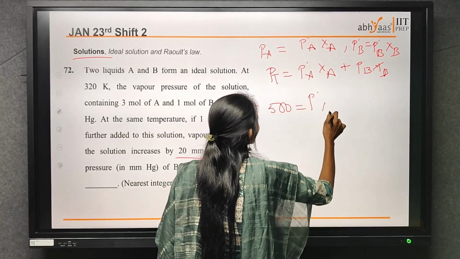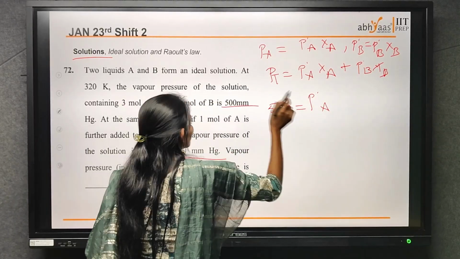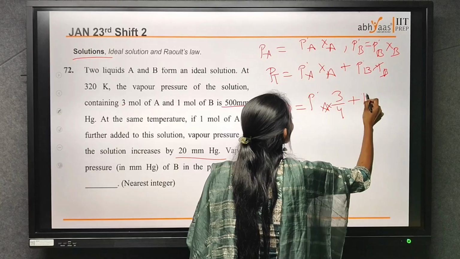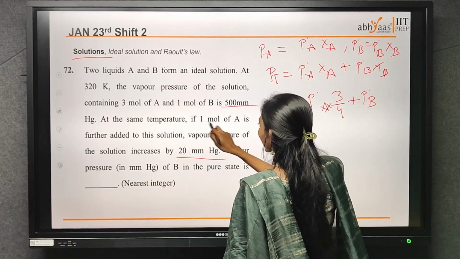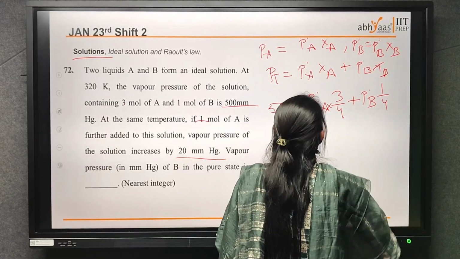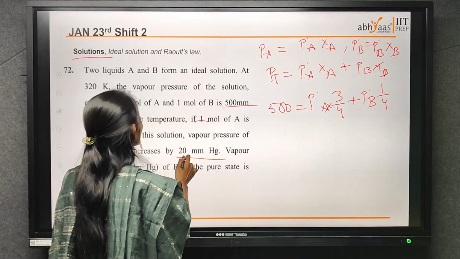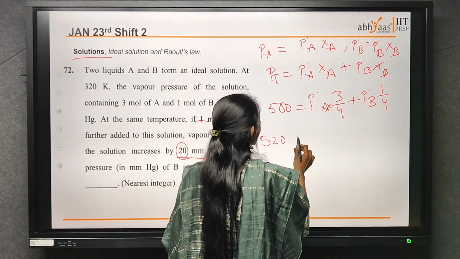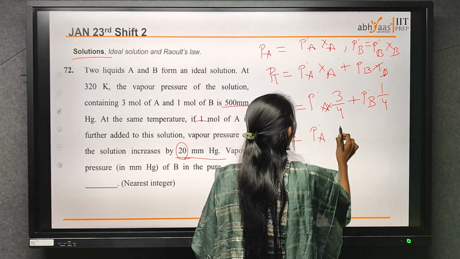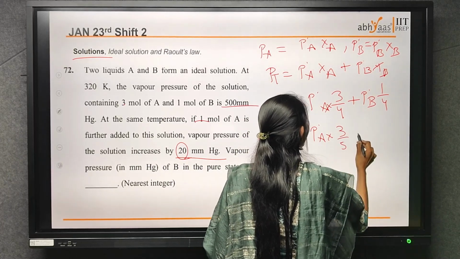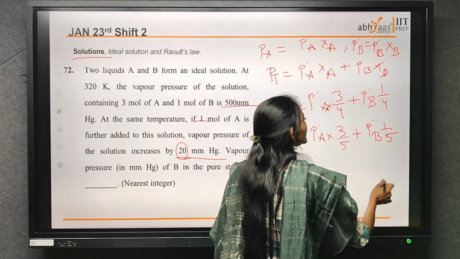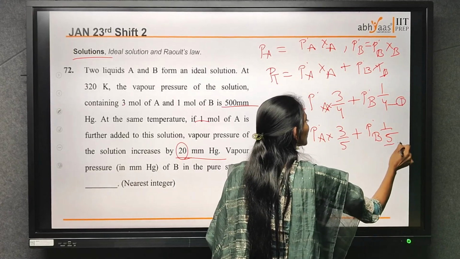P naught A into 3 by 4 plus P naught B mole fraction, they have given that 1 by 4, right? Again they are telling that it increases by 20, so 520 is equals to P naught A into 3 by 5 plus P naught B into 1 by 5. This is equation 1 and this is your 2.